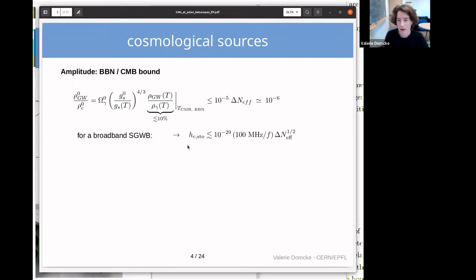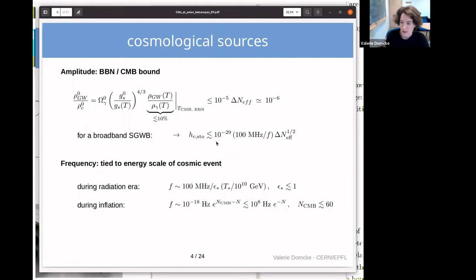Let's say for now, you can ask me more details later, but basically this is the amplitude of the gravitational wave. It's called the characteristic strain. And at frequencies that we're going to be interested in, around 100 megahertz, this is constrained by the same bound, which can be translated to a bound here of the order 10 to the minus 29 or 10 to the minus 30 in that frequency range. So that's going to be the target for the cosmological sources.